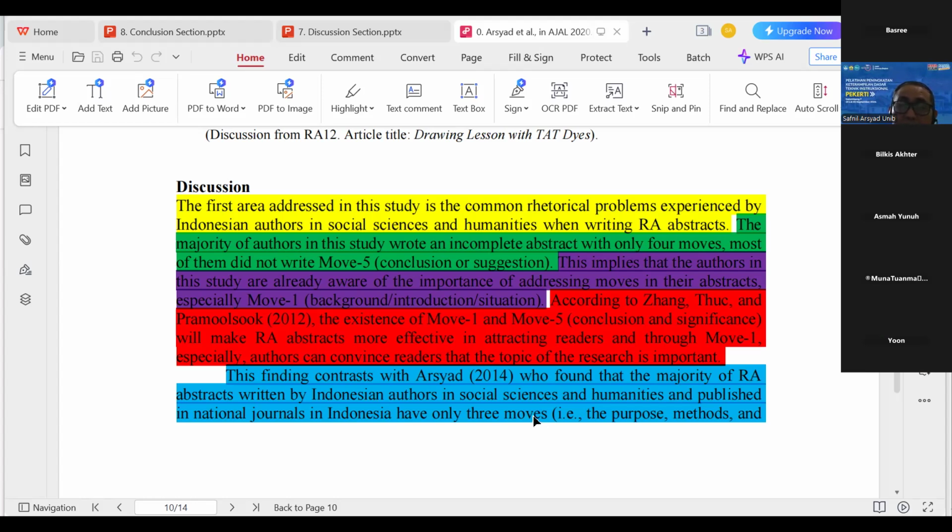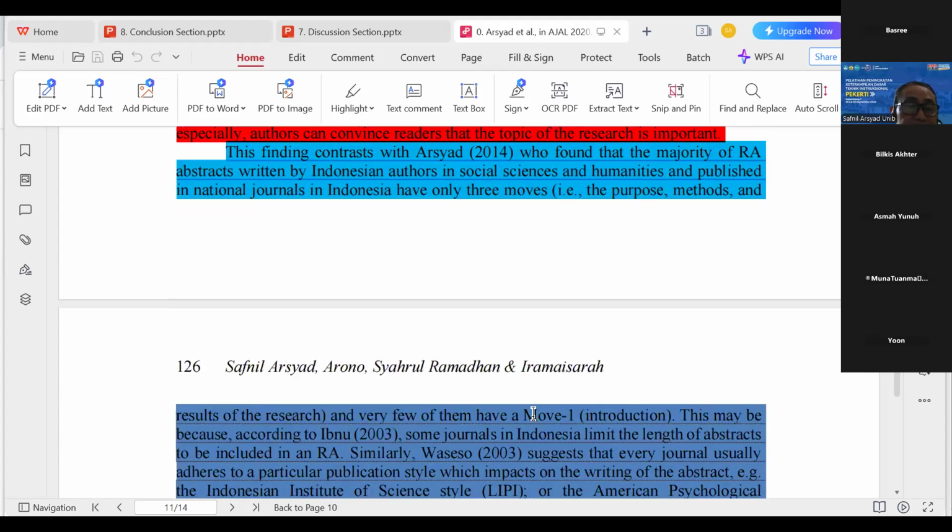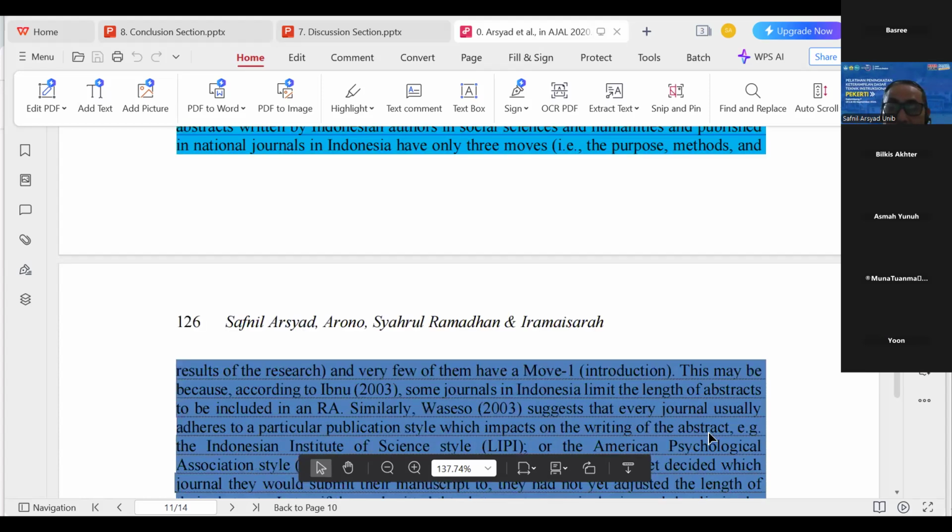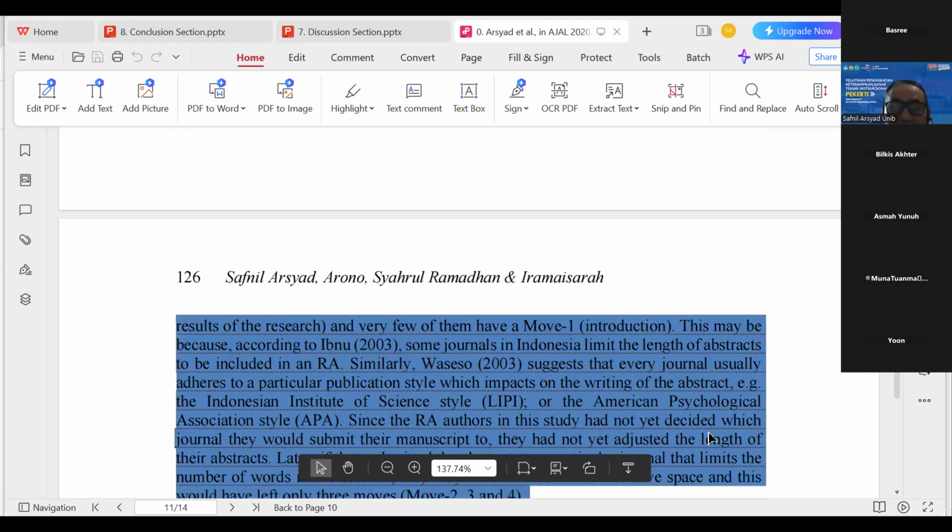So Arshad 2014 found only three moves in the research article abstracts: the purpose, method, and result of the research, and very few of them have move one, the introduction. This is the reason why the findings are different. This may be because, I use "maybe" because this is only my idea, my opinion.